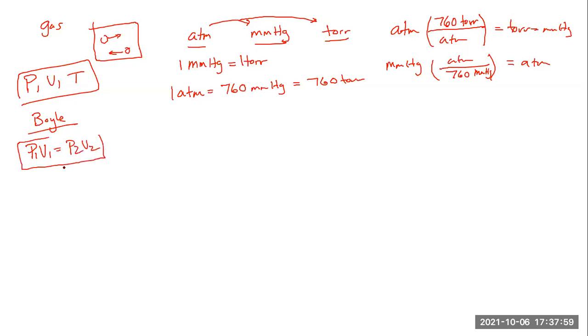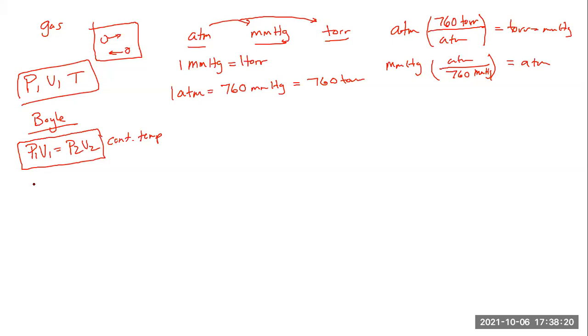This is at constant temperature. The units of pressure can be any units you like, as long as they are the same on both sides, and that also goes for the volume.